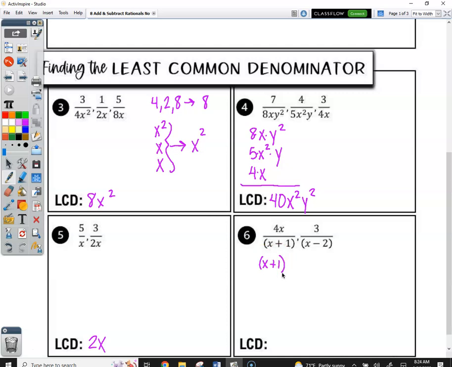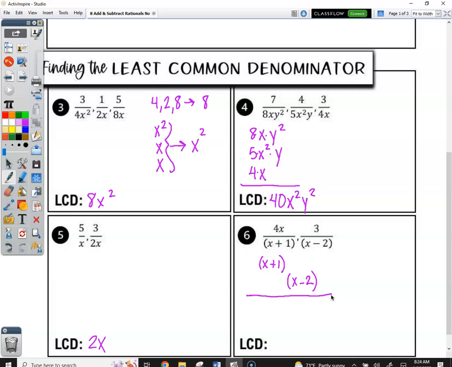Now, when I stack them, I always stack polynomials that match. This does not match, so I don't want to put it underneath it. I'm going to go over here and write it to the side. And now I want you to think, coming straight down, the LCD is going to be the last name that encompasses each fraction's last name.